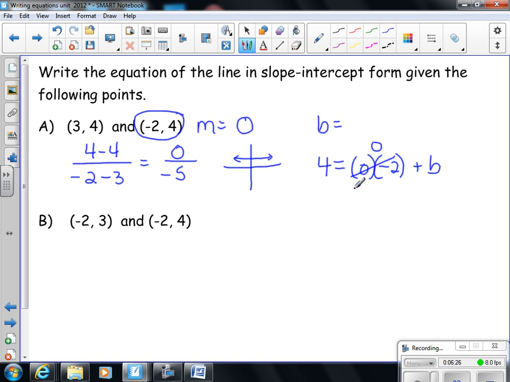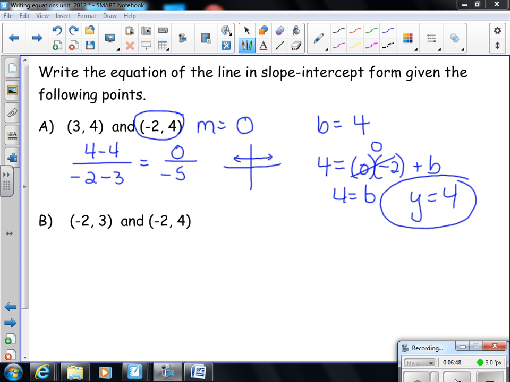That's equal to 0, and I have 4 equals b. So what this is telling you is your y-intercept is 4 always. So what is the equation of the line? Y is equal to 4. So your final equation is y equals 4.